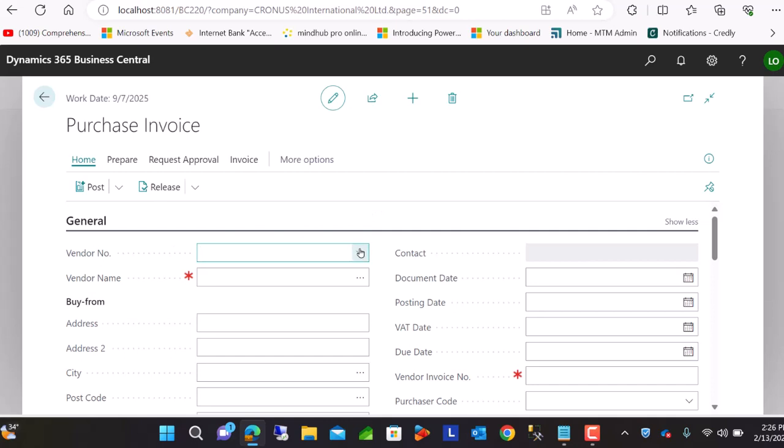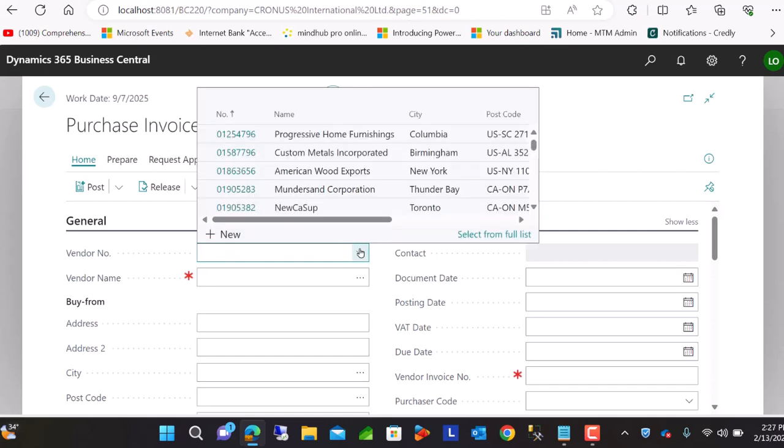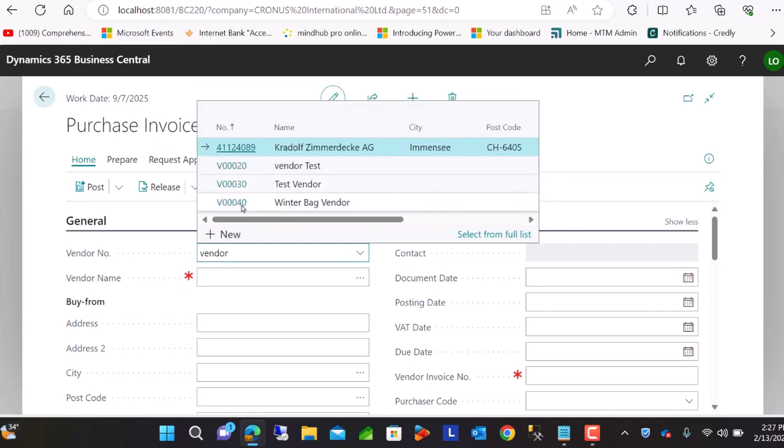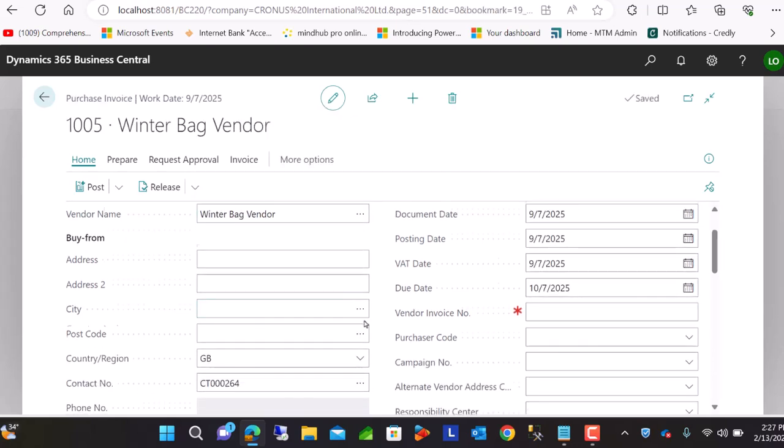So pick the vendor we'll be purchasing the item from. Vendor, we call it winter bag vendor. So all the details will be populated.